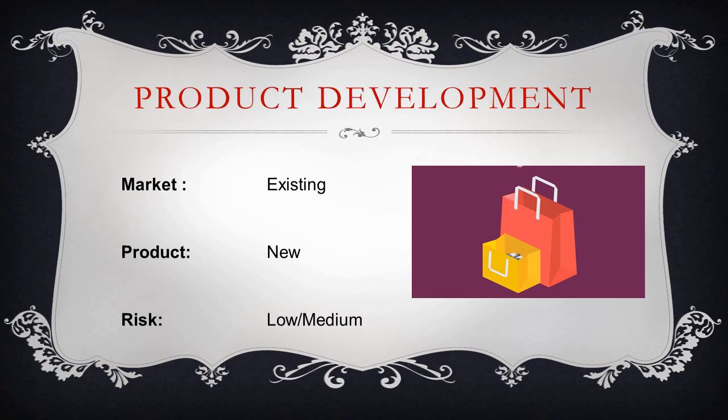You are persisting in the existing market, but you are coming up with new products so that you can sustain your existing product in the market and you can sustain your business as a whole in the market as well. That is what you call as product development.